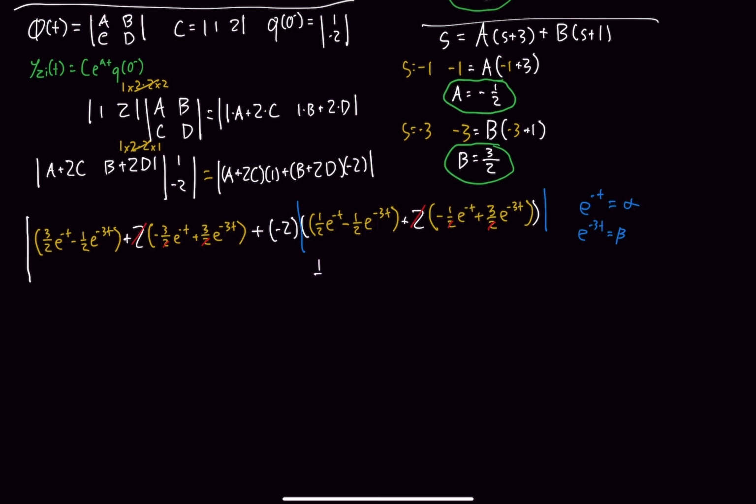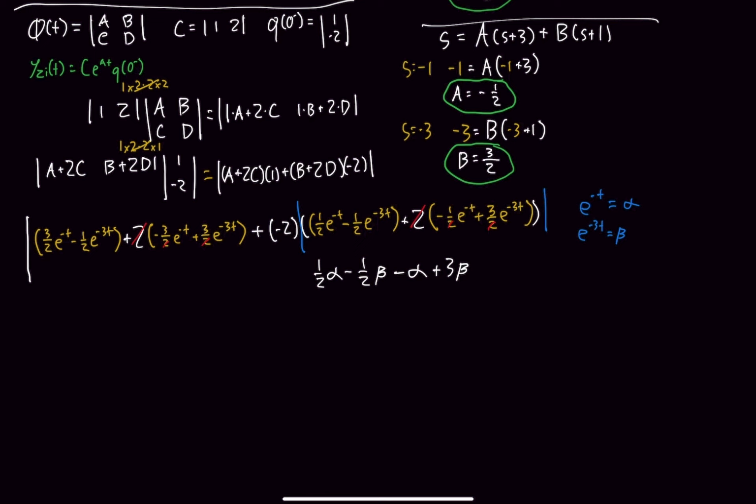So I got 1/2 alpha minus 1/2 beta minus alpha plus 3 beta. Let's go ahead and combine like terms.